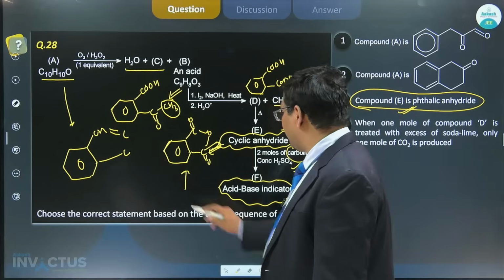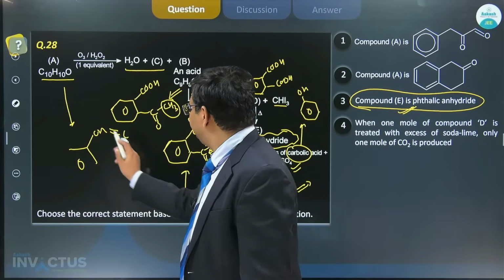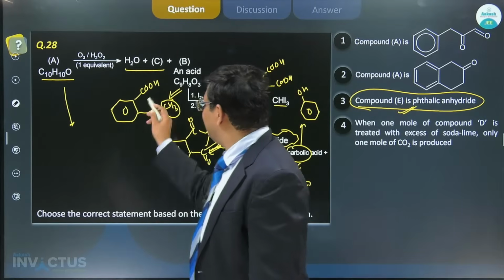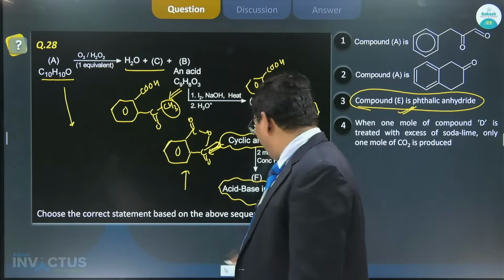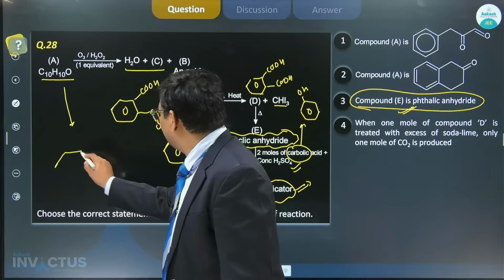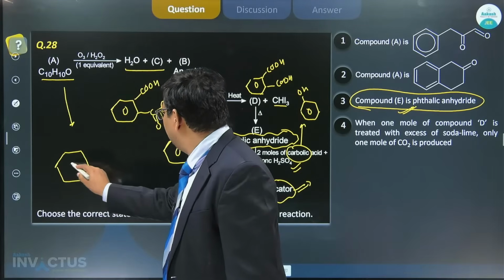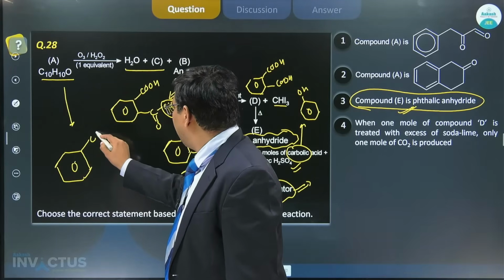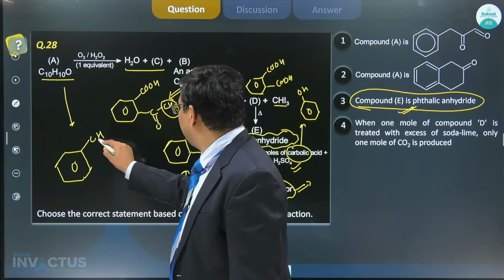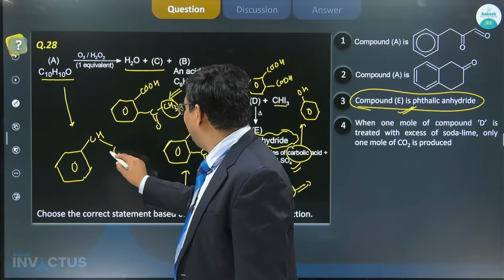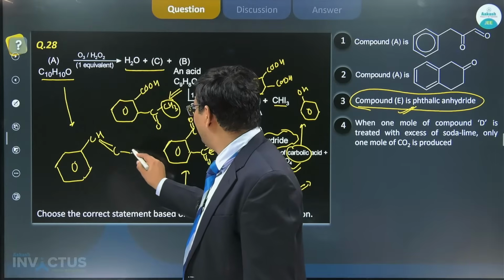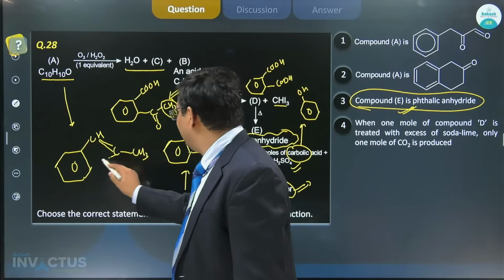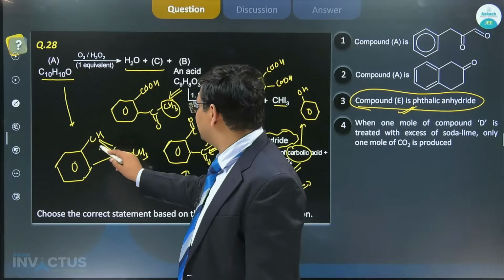So let me draw it perfectly. Because after oxidation you are getting this. So if you are getting this after oxidation, the compound A must be C, that is H, and you are getting C, and here you will get a double bond, here you will get CH3, and after oxidation you can get this kind of product.